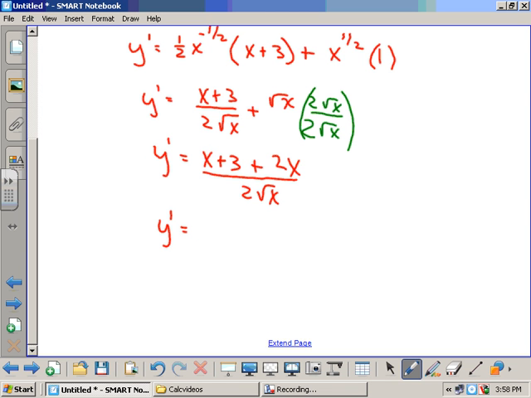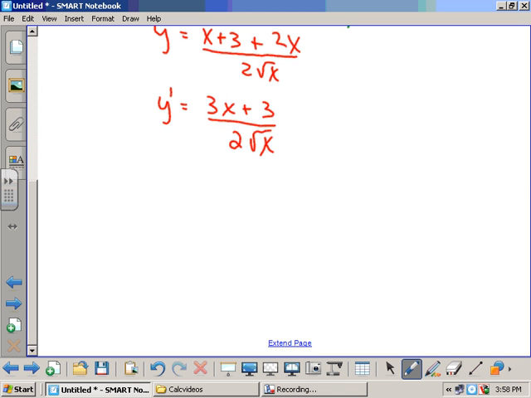Let's get crazy here and combine some like terms. So we have 3x plus 3 all over 2 radical x. First derivative. But again, I'm looking for inflection points, concavity, so we're talking second derivative.